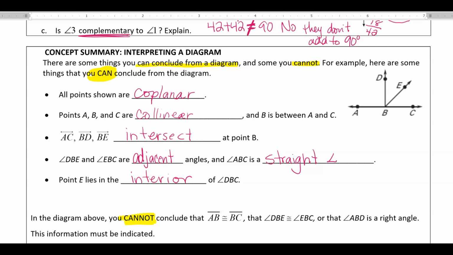Another thing, you cannot say that DBE is congruent to EBC. We're not told that, so we can't assume that. And this is the one that always gets us, we cannot assume that that is a right angle, ABD. It has to have the box or it has to tell us that it is a right angle. So that's what it's saying. This information must be indicated.